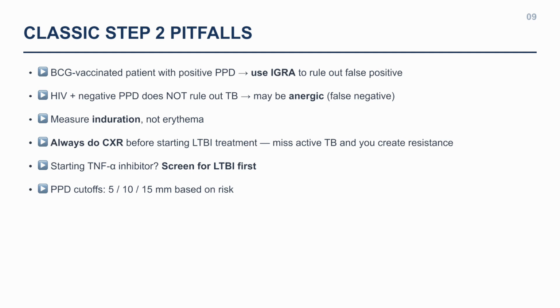Fourth, always obtain a chest X-ray before starting LTBI treatment, because if you miss active TB, you create drug resistance. Fifth, before starting any TNF-alpha inhibitor like infliximab or etanercept, screen for latent TB. These drugs can reactivate TB. And finally, memorize the 5, 10, 15 PPD cutoffs, because they show up on nearly every TB question.